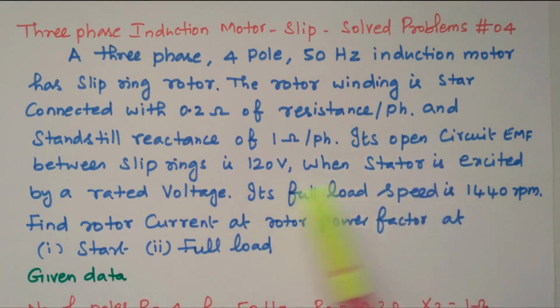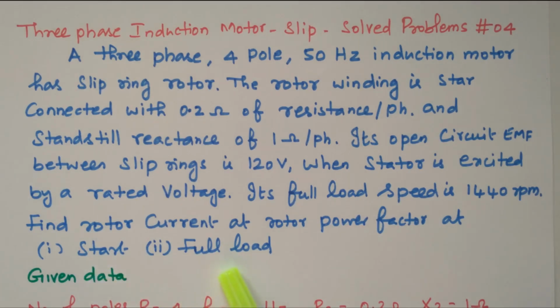Its open circuit EMF between slip rings is 120 voltage. When the stator is excited by the rated voltage, its full load speed is 1440 rpm. Find the rotor current and rotor power factor at starting as well as full load.